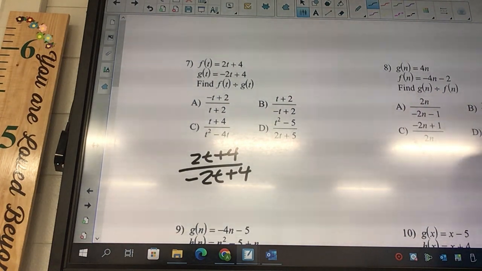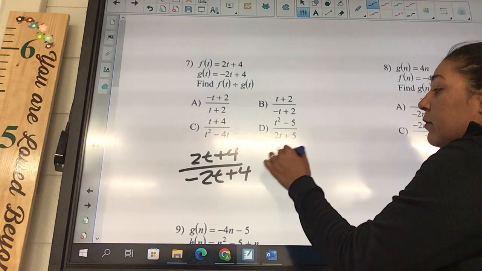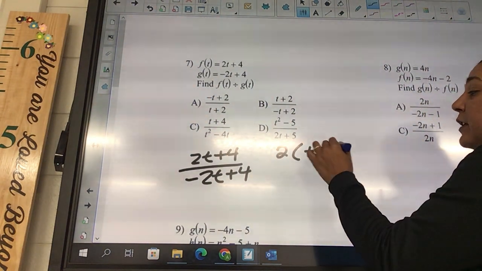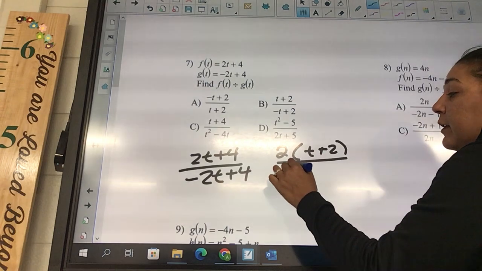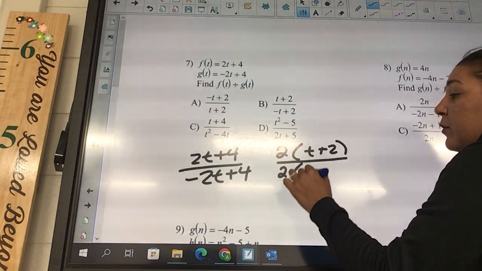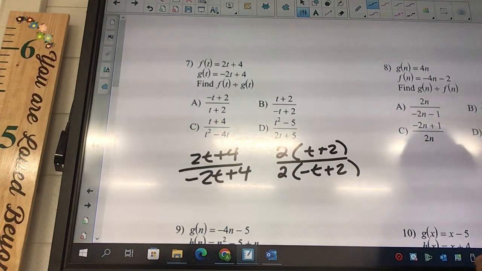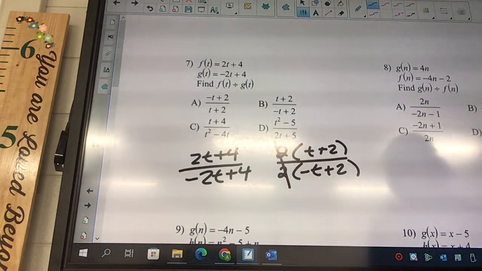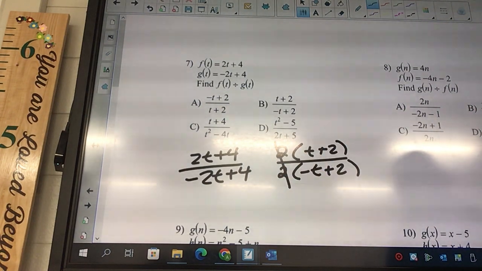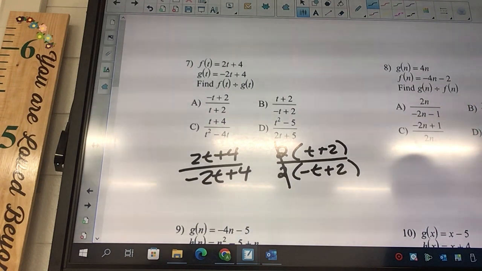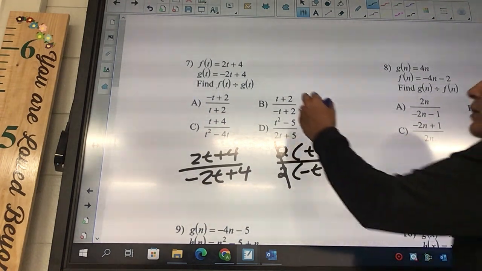If we look at this, we can pull out a 2, and you'd be left with t plus 2. And you can pull out a 2, and you'd be left with negative t plus 2. So you can cross these out. So what is that going to be? B. Sorry, I thought you said D.